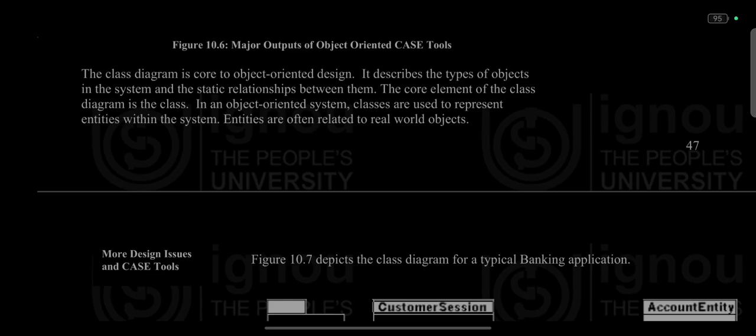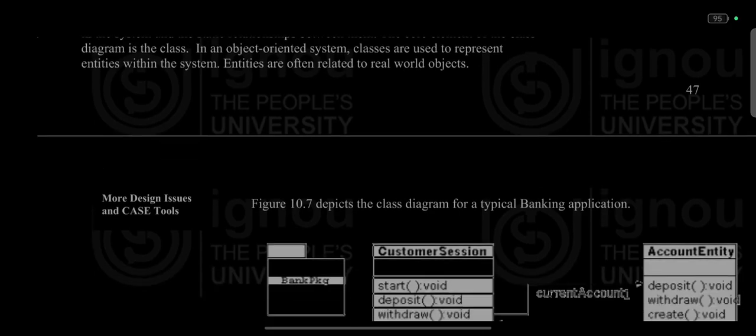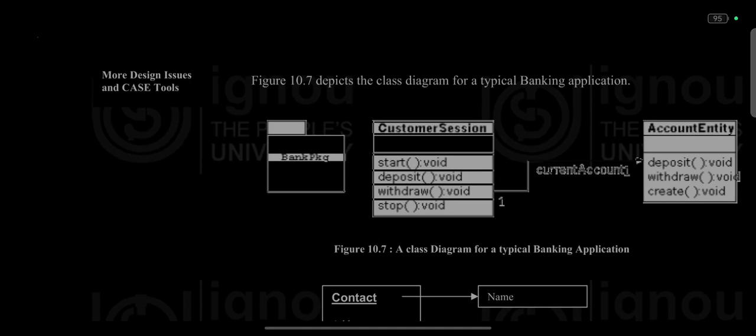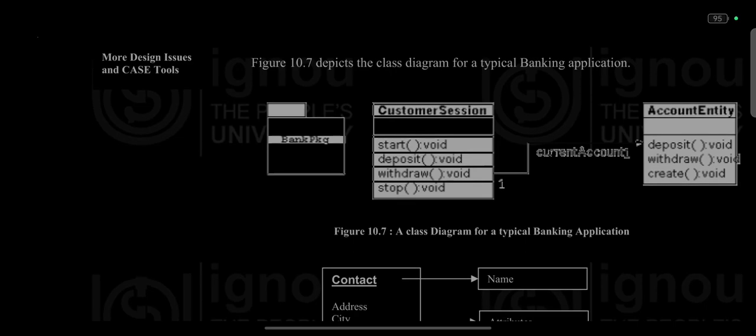In an object-oriented system, classes are used to represent entities within the system. Entities are often related to real world objects. Figure 10.7 depicts the class diagram for a typical banking application. So here we can see figure 10.7, a class diagram for a typical banking application.